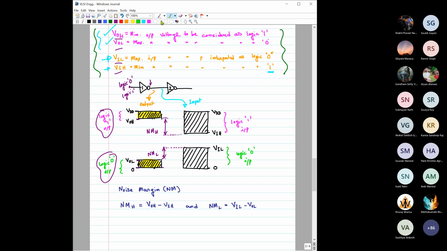Now let us shift our focus from this inverter to this inverter, and obviously its input side. How have we defined this input? If the input is at logic 1, then the maximum voltage can be VDD and the minimum one would be VIH, right?